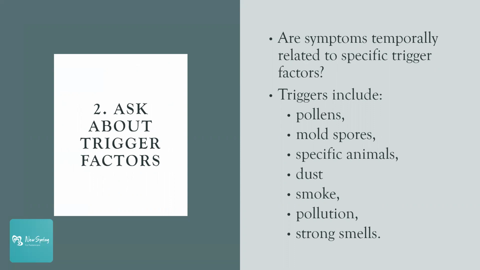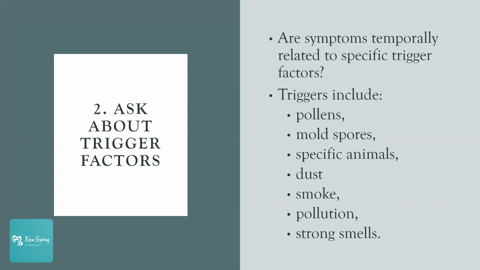And I believe if you are a physician or a pediatrician that deals with a lot of cases of allergic rhinitis, it's very important to have a checklist of triggers that you ask about one by one, so as not to miss anything. Triggers include pollens, mold spores, specific animals, dust, smoke, pollution, and strong smells.